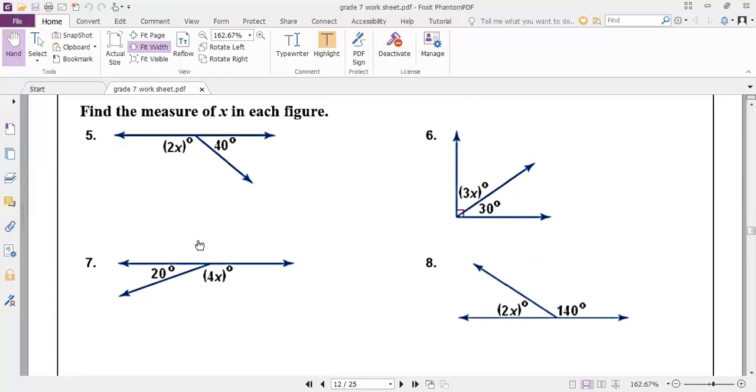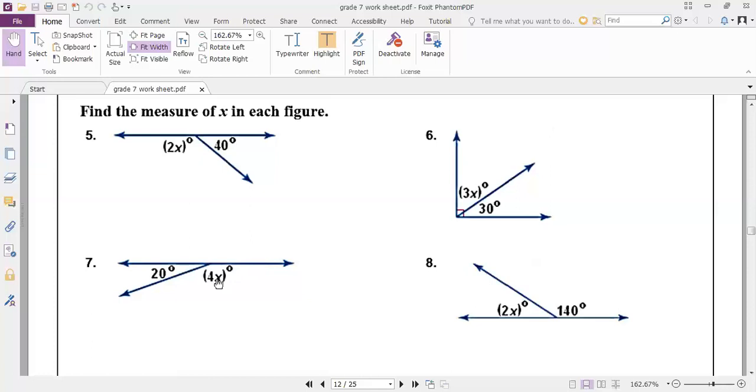I have a common side, a common vertex, and the outer arms in different directions, and they make a straight line. So the sum of their measures is equal to 180. So they are supplementary angles, my friend.